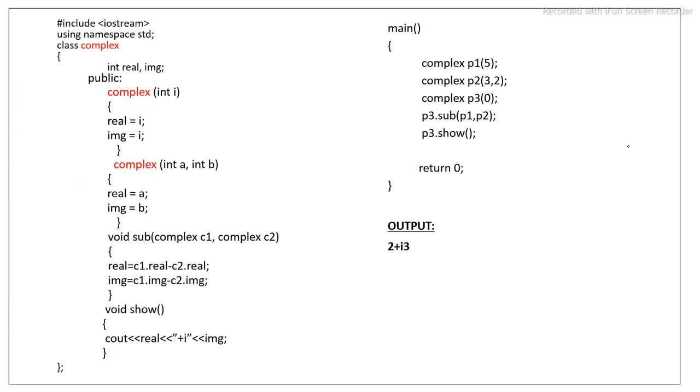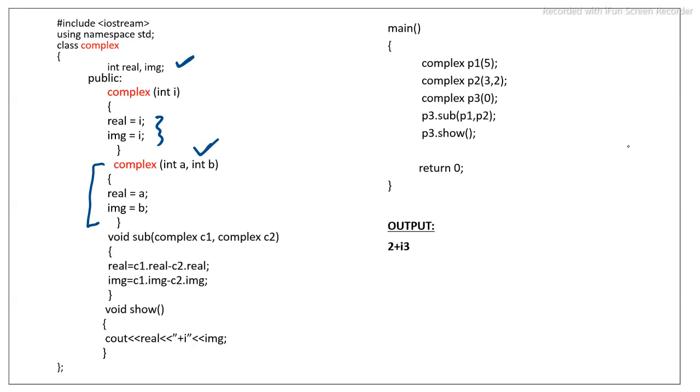So here we have taken the class complex. In the private section, real and imaginary values are taken. In the public section, the complex constructor is there, which is taking one argument for initializing the real and imaginary values. Similarly, the second constructor complex is initializing the real and imaginary values, and it takes two arguments, integers a and b.